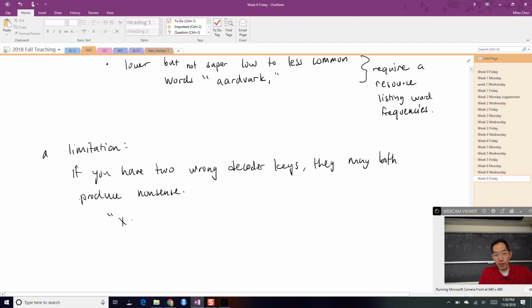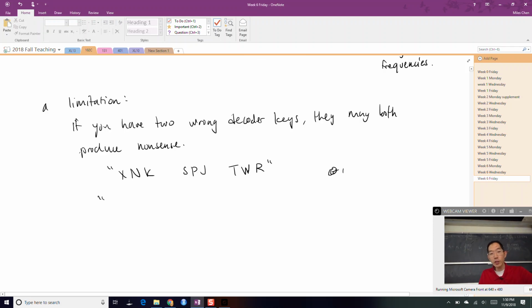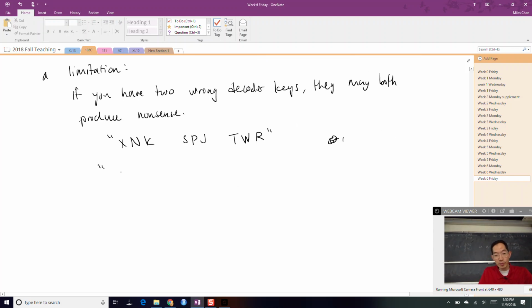Okay, so you might have X, N, K, S, P, J, and T, V, T, W, R. We'll say that's theta 1. But then you might have another one that produces D-O, L, and H-E, K, and A-N-P, okay?